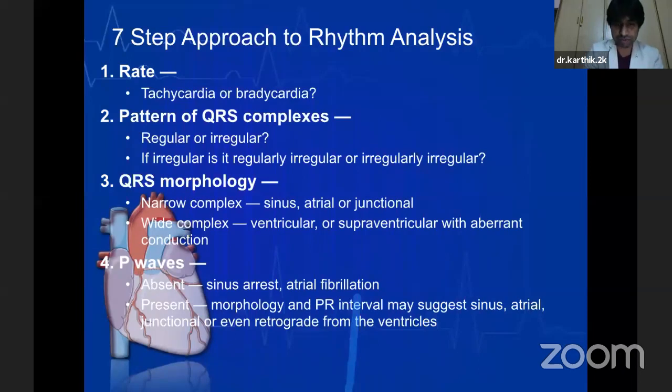So the first thing you see is whether there is a P wave or not in those ECGs. And the second thing you see is whether the QRS complex is narrow and what is the rate, whether the rate is too fast or is it within the normal range. And if the P waves are present, the morphology of the P wave and the PQR relationship becomes very important.